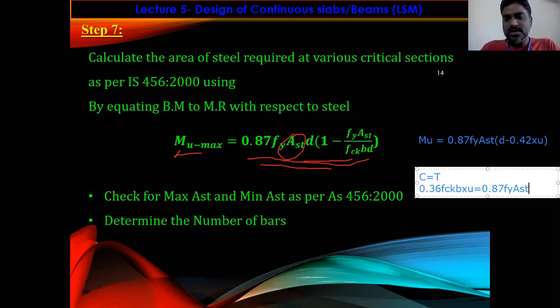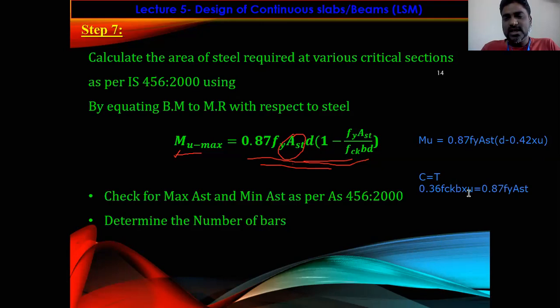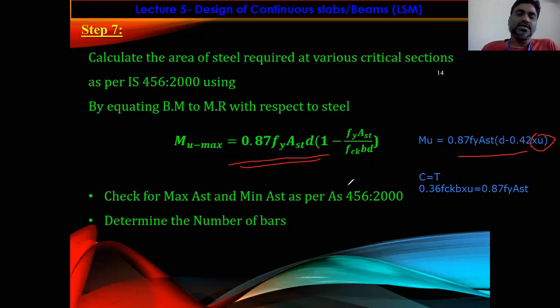So from this formula you can find out the Xu, and that Xu should be substituted here. So simplify it, you will get this equation. It is not new. The concept is the same, but just simplified, right? Because here Xu is unknown and Ast is also unknown. So two unknowns. That is why I am making it a single equation by substituting Xu in terms of Ast. So if you simplify, you will get this equation.